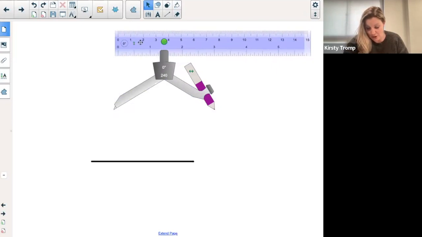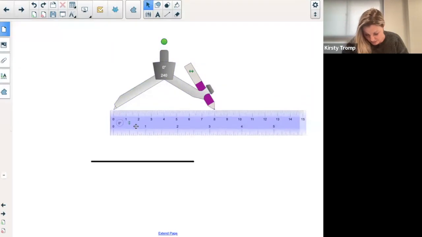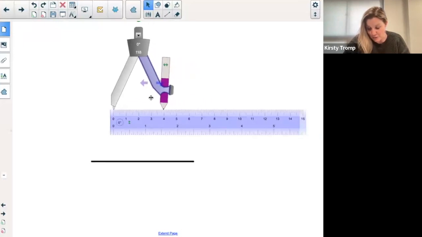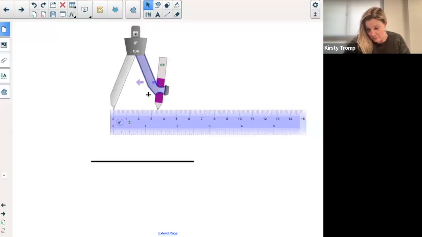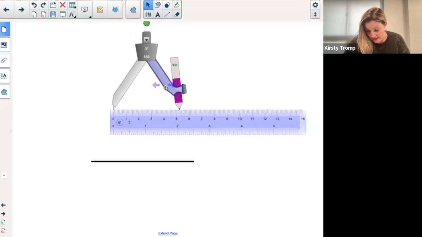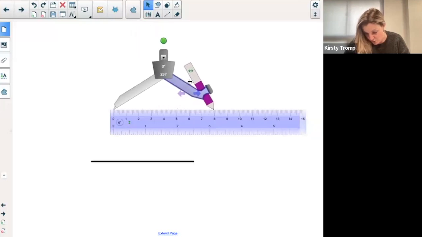I'm going to do it again with you. So I took my compass, I put that little sharp tip on 0. I stretched him out so that arm and the pencil is sitting at 8. Hey, can you see him? So I'll move mine for you so you can see what I'm doing. I'm moving this arm that's got the pencil until he's reached all the way to 8.